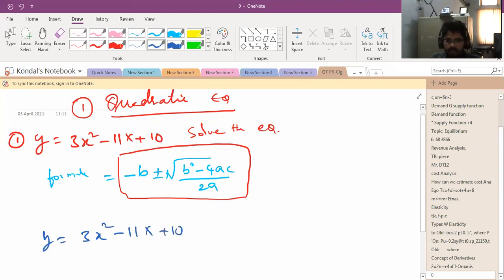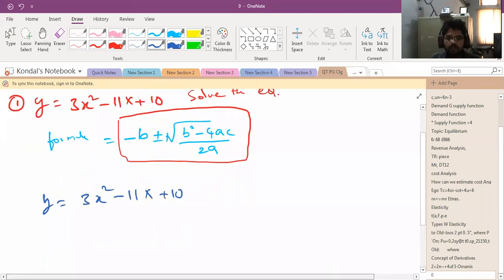So here, simple, I'm going to show you. So this is a, b, c. The first one is a, the second one is b, the third one is c.